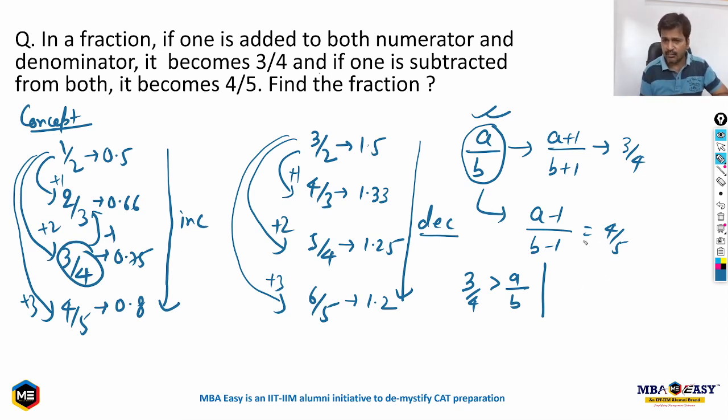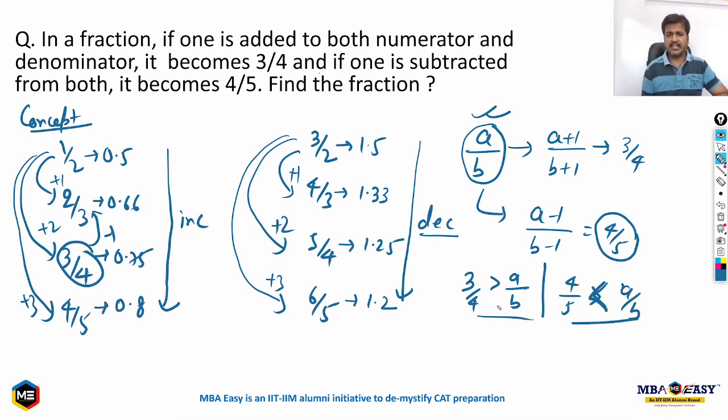So a minus 1 upon b minus 1 is giving 4/5. This should be less than a by b. So 4/5 should be less than a by b. Now these two cannot happen simultaneously, because here it says that a by b is less than 0.75, right? And here it is saying a by b is greater than 0.8.